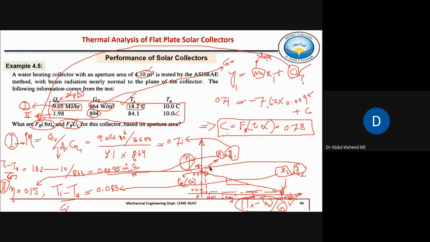But to get a more accurate curve, we should have intermediate points. Maybe an intermediate point would have been like this one. So we can have the exact curvature of this curve. Right. Any question?